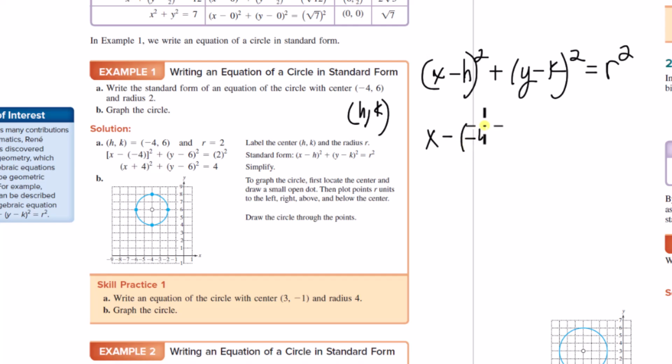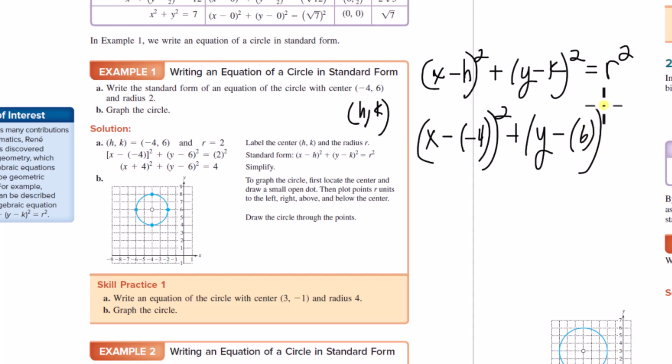Now substitute what h is. Okay? y minus, you get to k. Now substitute what k is. You get to r. Substitute what r is. So whatever r happens to be, all of that is getting squared. All of it. So we're not allowed to have negative radiuses, but just hypothetically, if r was -3, all of r is getting squared. All of it.